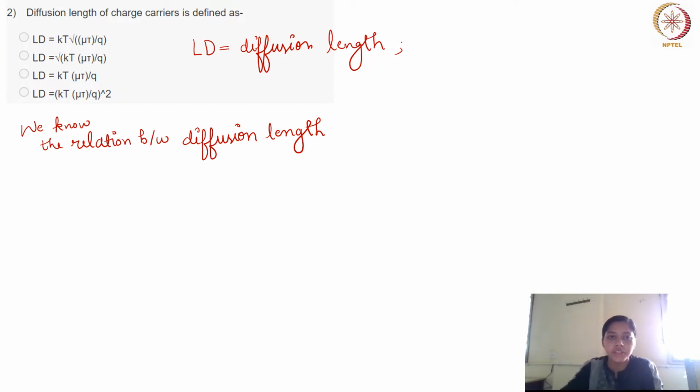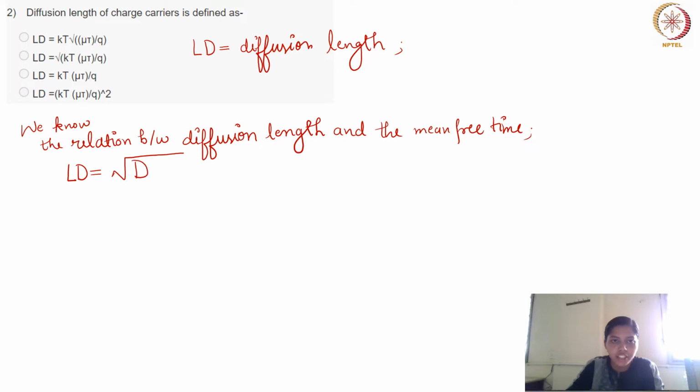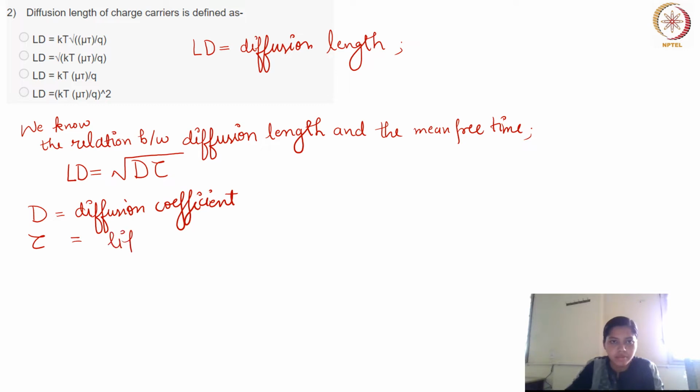So we know the relation between the diffusion length and the mean free time, which can be written as, suppose LD is your diffusion length, it is the square root of D into tau, where D is your diffusion coefficient and tau is the lifetime. We can also say it like this.